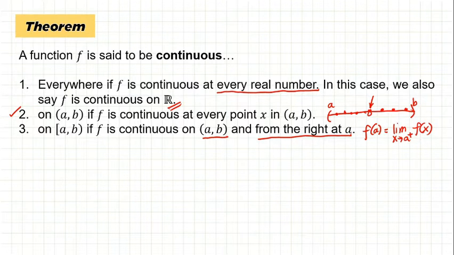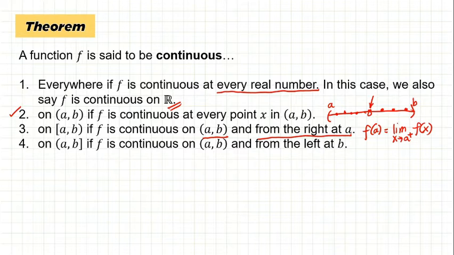Now, for number 4, si B naman yung closed dito. So, it is continuous if F is continuous on AB again. So, balik tayo kay number 2. And from the left at B. So, therefore, F of B should be equal to the limit of F of X as X approaches B from the left. Okay, so kukunin nyo yung left-hand limit in this case.